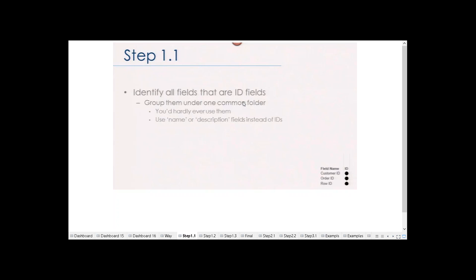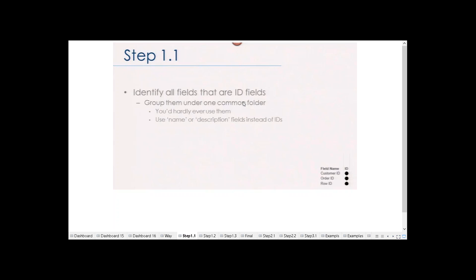Why group them? Because in real time we rarely use these ID fields. We usually make use of the names or the description fields instead of IDs. So as we rarely use them, just group all the fields under one common folder. It is one best practice.